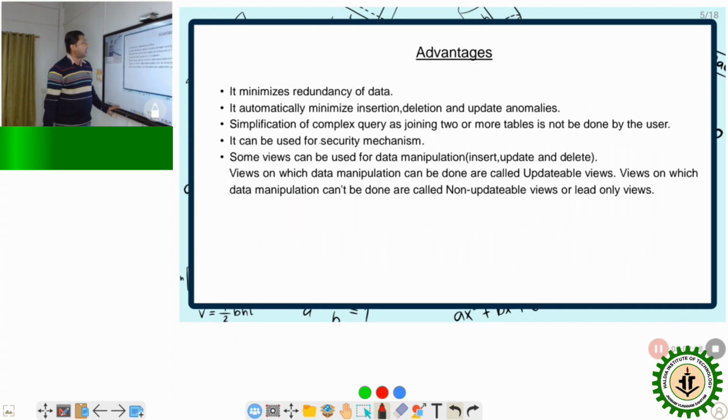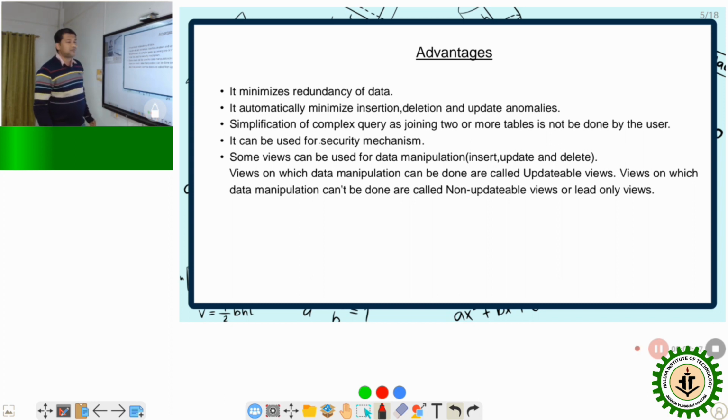There are a lot of advantages of normalization. It minimizes redundancy of data. It automatically minimizes the insertion anomaly, deletion anomaly, and updation anomalies. It can be used for security mechanism. The main motto of normalization is to get the higher normal form from the lower normal form, and the higher normal form obviously is the updated one from the previous one.